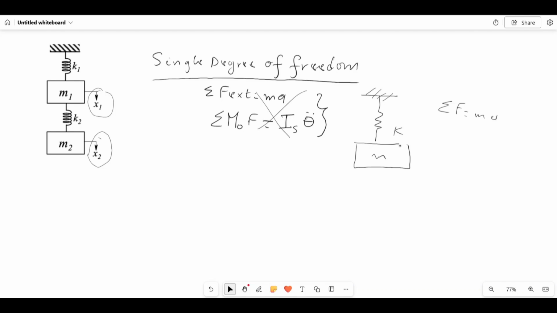I don't know if I'm making sense. How do you know that you have multiple degrees? You can just identify how many masses you have in your system. That's where we talk about multiple degrees of freedom.